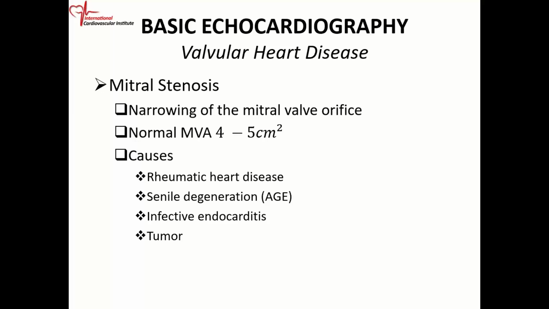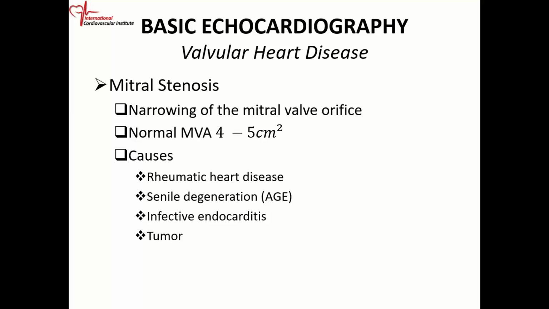So what are some of the causes of mitral stenosis? Everybody knows rheumatic heart disease, rheumatic fever, and that's very common in third world countries. Rheumatic mitral stenosis is very, very common.